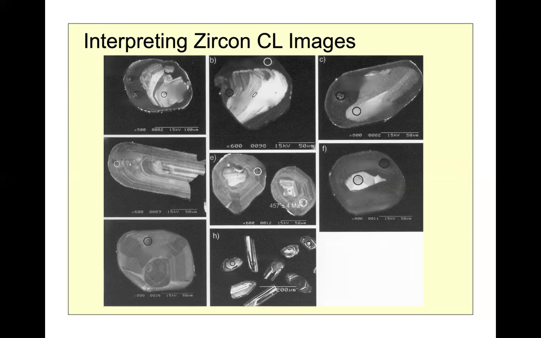These bright and dark areas correspond to zoning, chemical zoning patterns, right? If some elements are there with high atomic weights, you will see some bright areas, right? That corresponds to the atomic weight of each area.